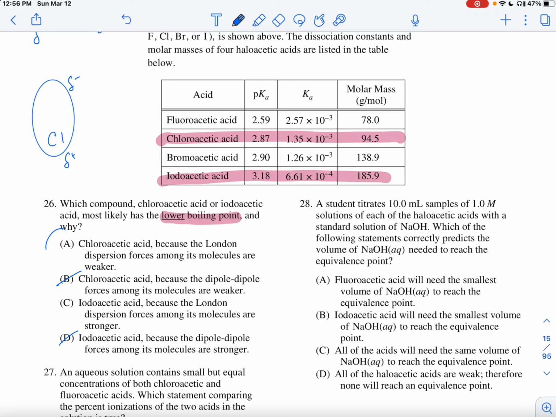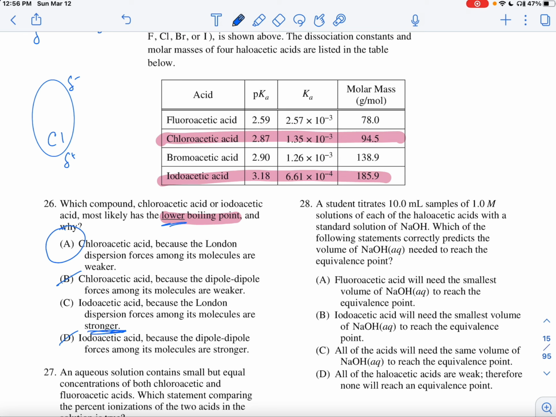Okay, so the answer must be A. Even if I didn't know the thing about the mass, we're never going to pick the one that's a stronger force to be a lower boiling point. That's just not a thing. Stronger force, higher boiling point.